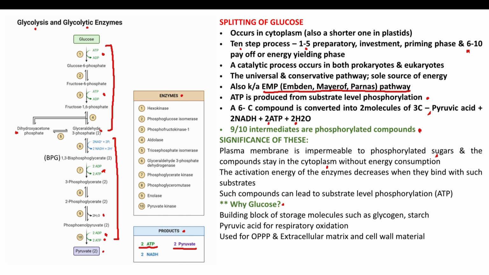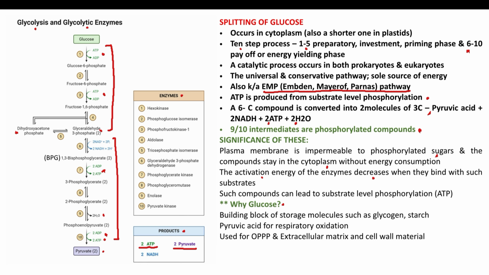This is important. The second importance of this phosphorylated compound is that the activation energy of the enzymes which are involved in conversion is lowered down. So with less energy, you can get more work done.